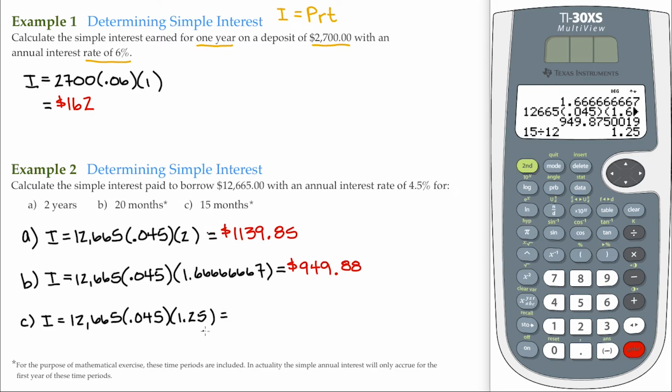Again, I could go ahead and enter this exactly as you see it here in the calculator. So 12,665 times 0.045 and times 1.25. And that comes out to be approximately $712. And again, we're going to round to the nearest penny, and 41 cents. And there you go.